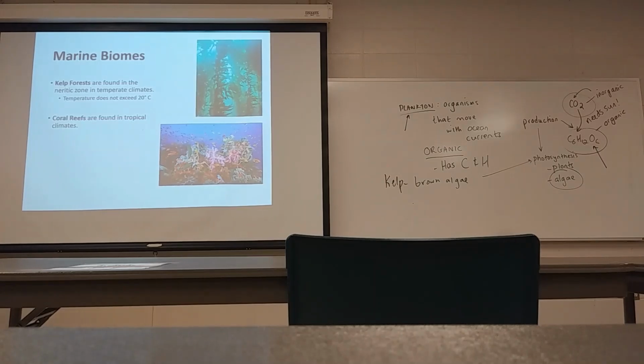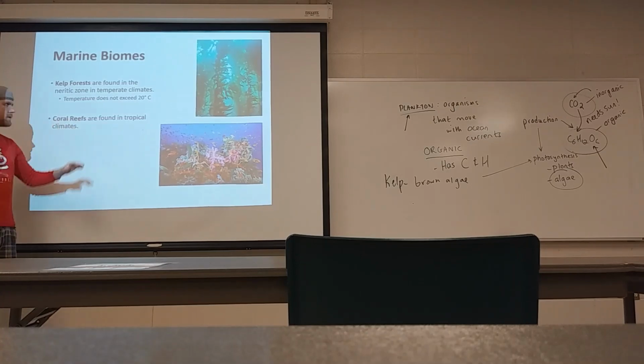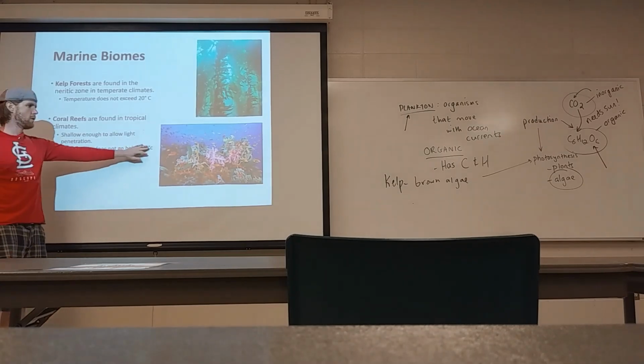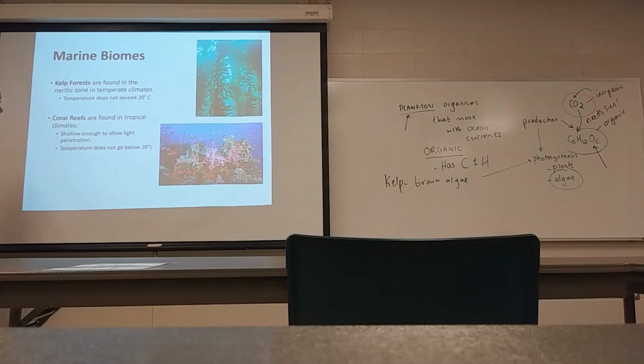If you go south a ways, you'll find coral reefs. So coral reefs are found in tropical areas. They're the opposite of kelp in that temperature can't regularly go below 20 degrees. They also have to be shallower than kelp forest biomes. Kelp grow very, very tall.